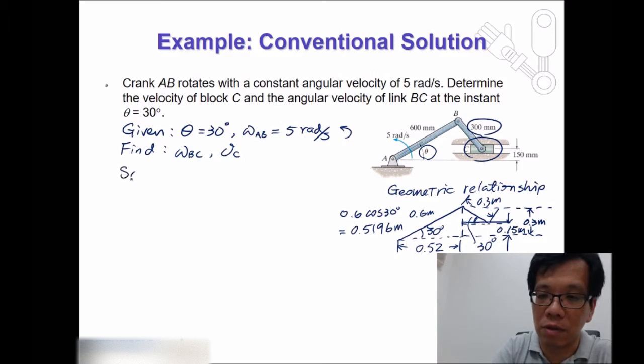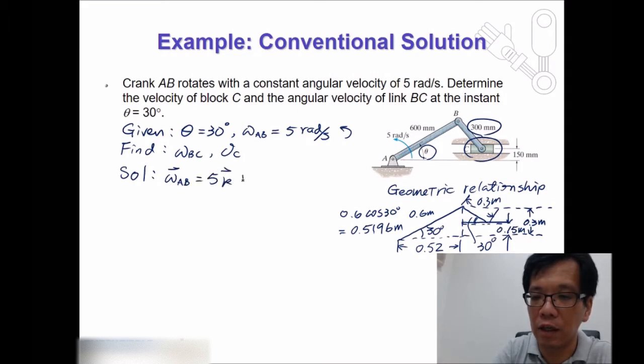So start to solve. We know my omega AB is 5k radians per second.